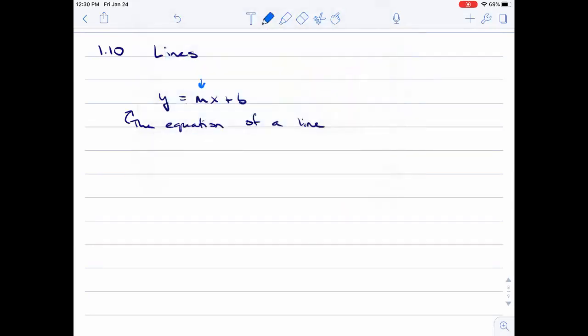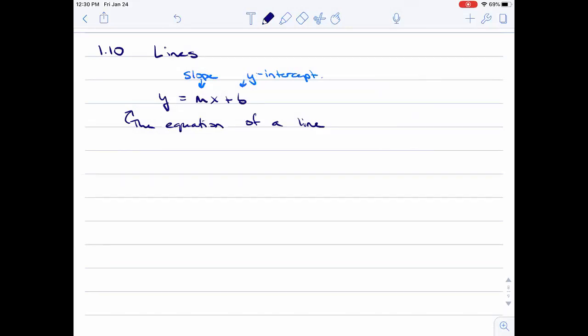Where whatever is attached to the x is the slope, and whatever's on its own is the y-intercept. The slope is going to be the rise over run, right?